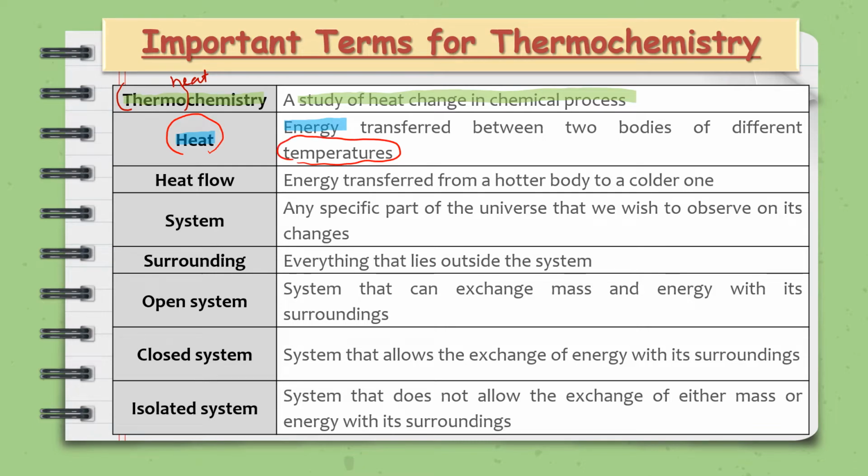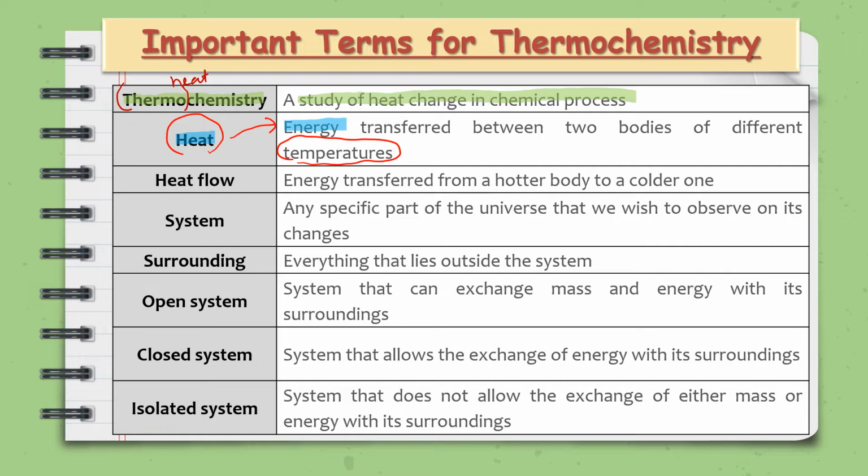It looks like it's the same thing, but heat and temperature are two different things, only on the same subject matter. What do I mean by that? Like I said, heat is a type of energy and temperature is used to observe the heat change.